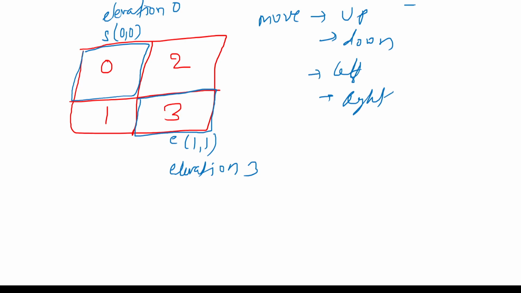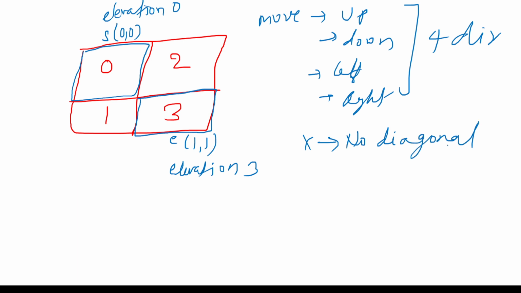All 4 directions we can move, but you cannot move diagonally. This is what the problem statement says. You can move in all these 4 directions, but you cannot move to the diagonals. Remember the very simple things.